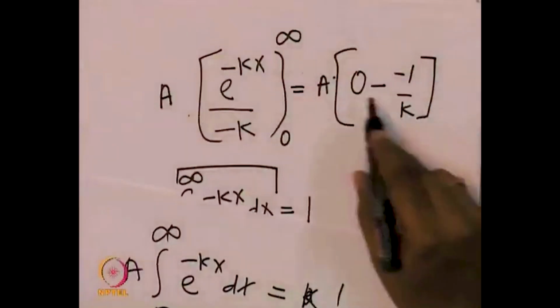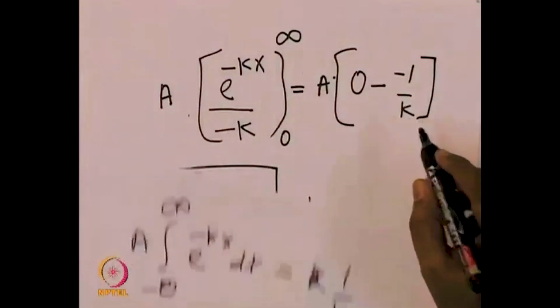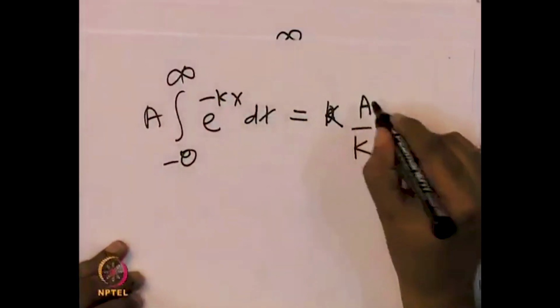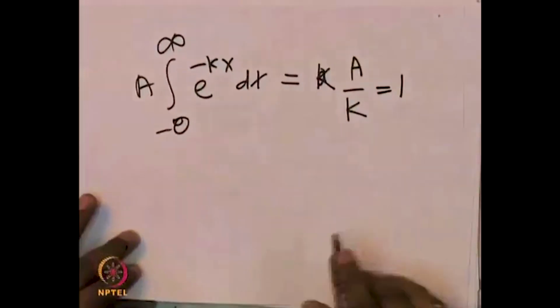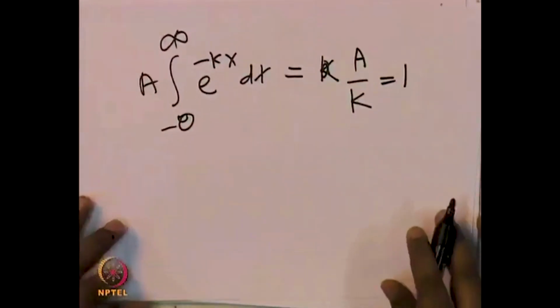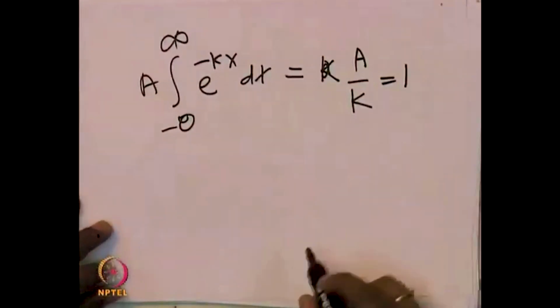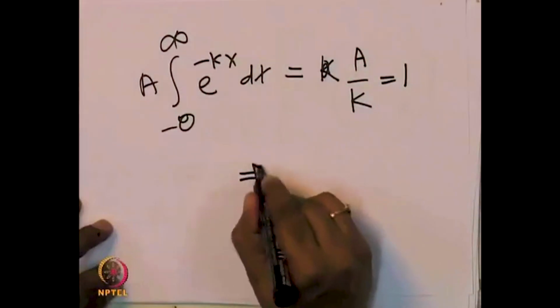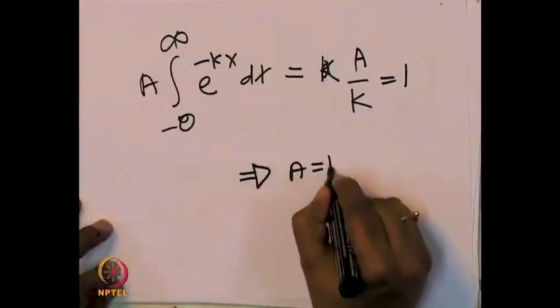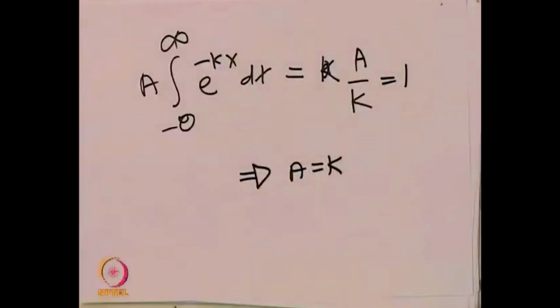So, this is 0 minus minus 1 over k, with an a here, and this has to be 1. That implies that a is equal to k. If a over k has to be 1, a has to be equal to k.